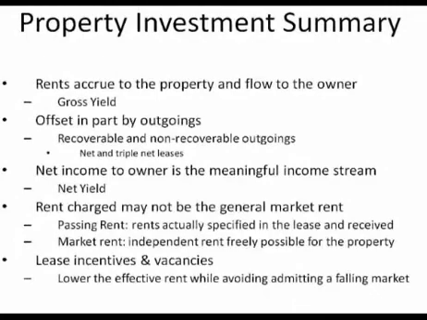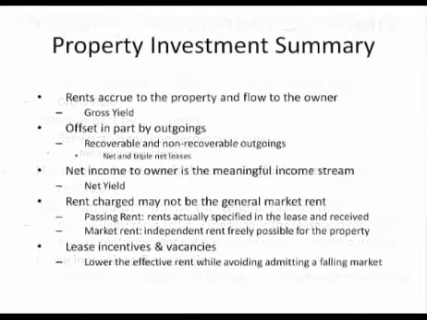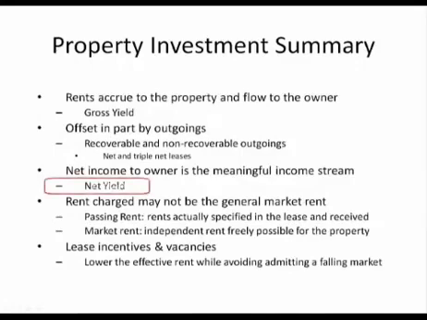The relationship between recoverable and non-recoverable outgoings is very much a matter of the way that the lease is written. Often the basic costs of actually occupying the property go to the tenant, whereas maintenance costs and so on are held by the owner.